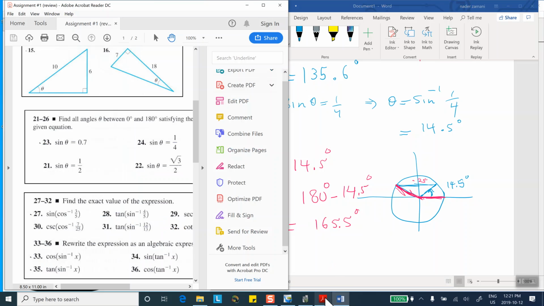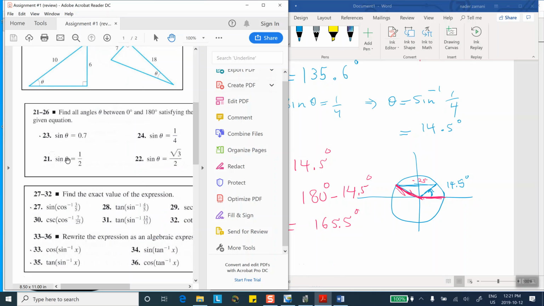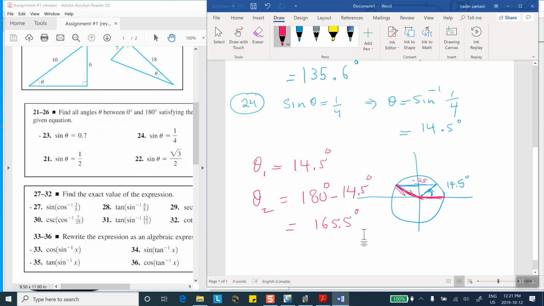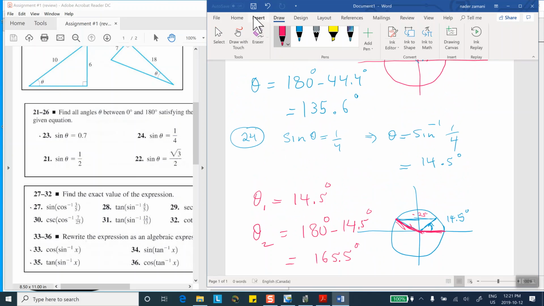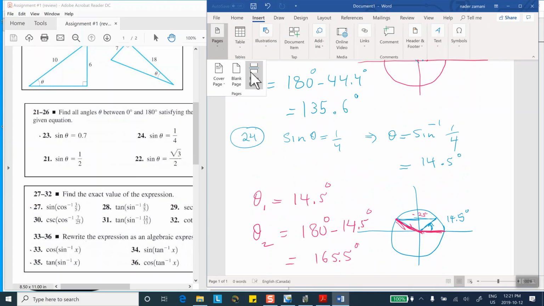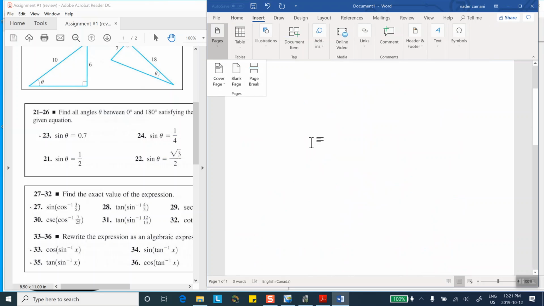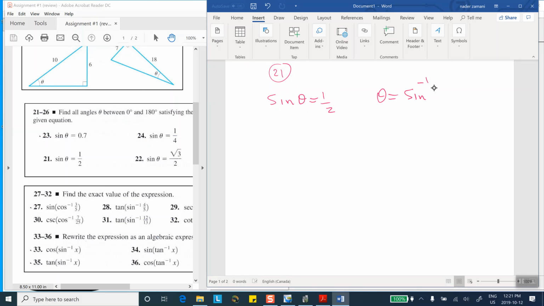Next one. Sine of theta equal to 1/2. Here, I don't really need my calculator. Okay, so this is number 21. Sine of theta equal to 1/2. I recognize theta. Theta must be pi over 6. That means theta equal to sine inverse of 1/2.